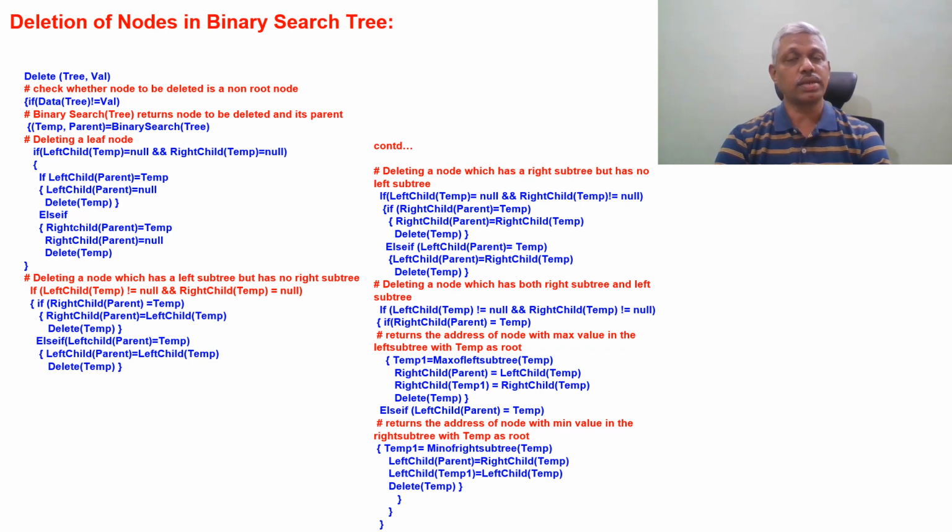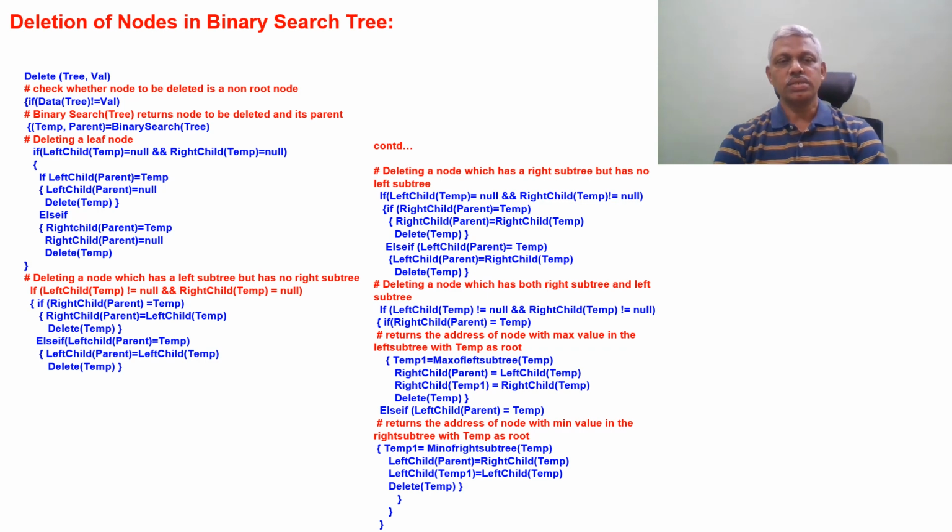We are attaching the right child of temp as the child of parent. Delete temp. Else, if left child of parent is equal to temp, the node to be deleted is the left child of the parent, then left child of parent is taken as right child of temp, because there is no left for temp. It is attached, and then the node to be deleted, temp, is deleted.